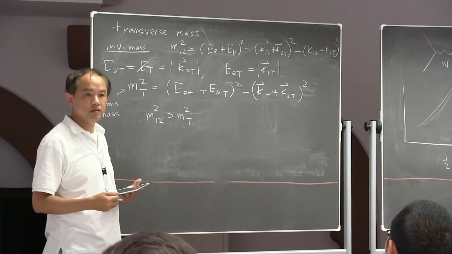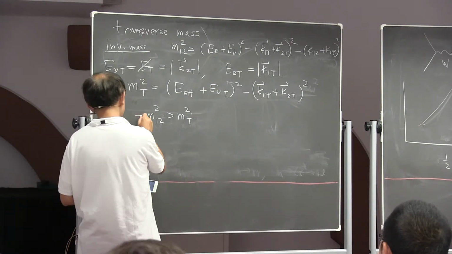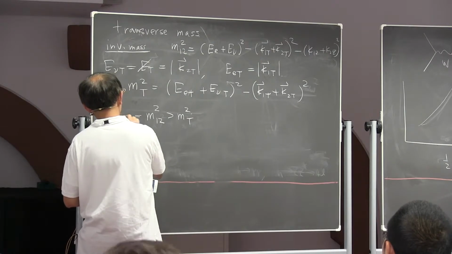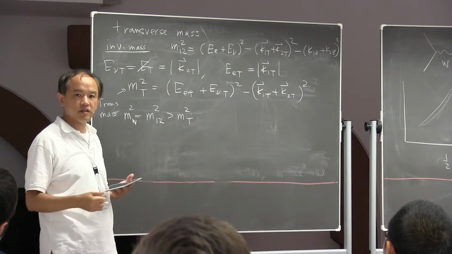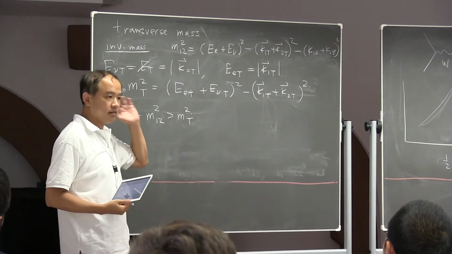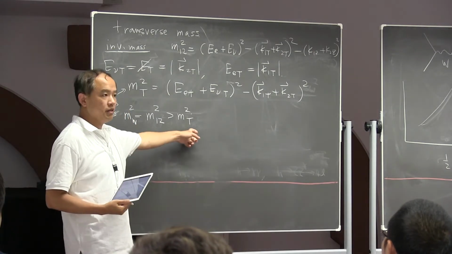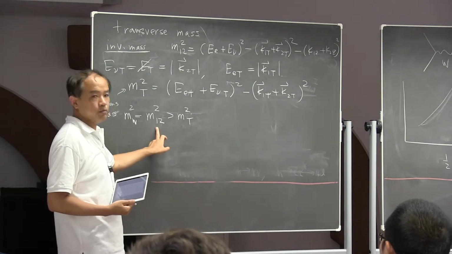And M12 square is just MW square, if the W is produced on the resonance. So therefore this still has an endpoint.